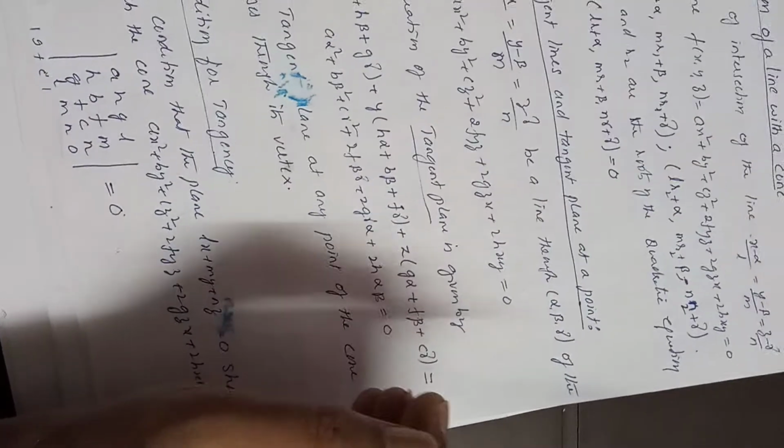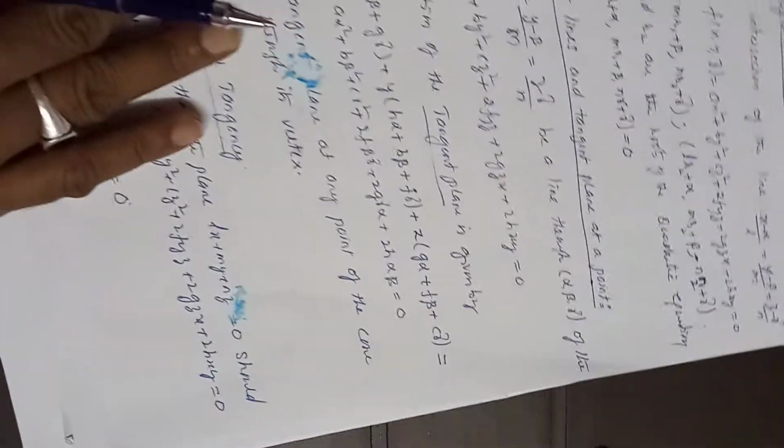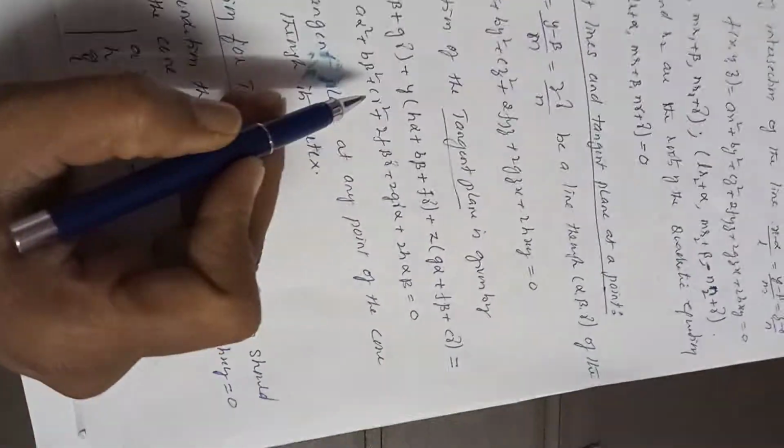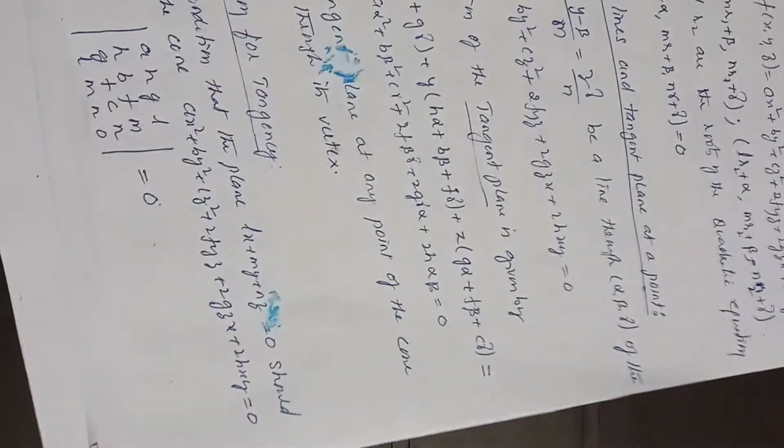Tangent plane means if a plane touches the cone at a single point, then that plane is said to be a tangent plane. Actually it is not in the syllabus, I think, and we don't have problems on these tangent planes. Please go through the formula, that's it.